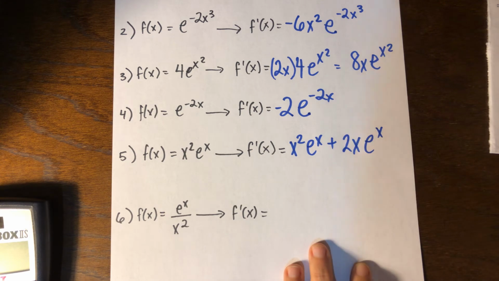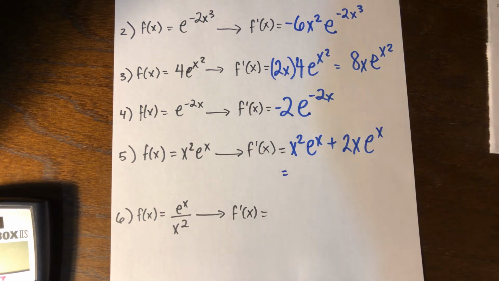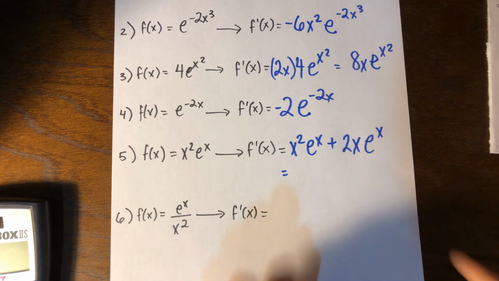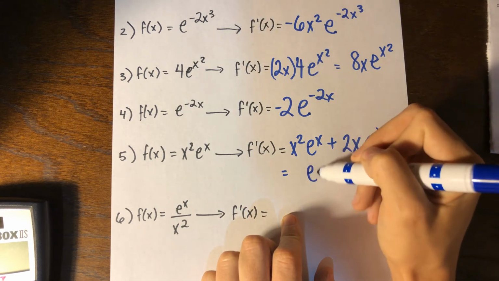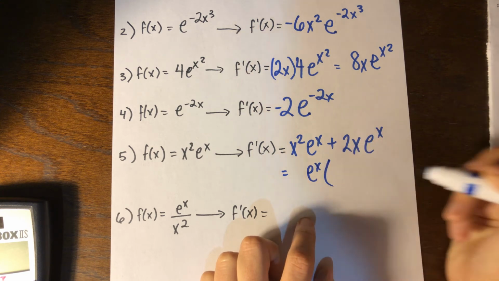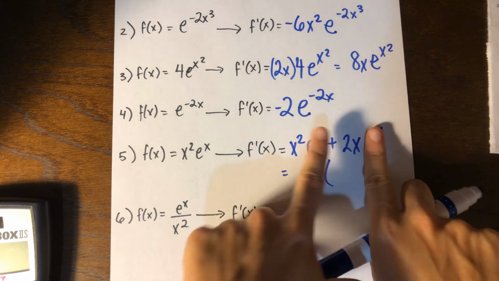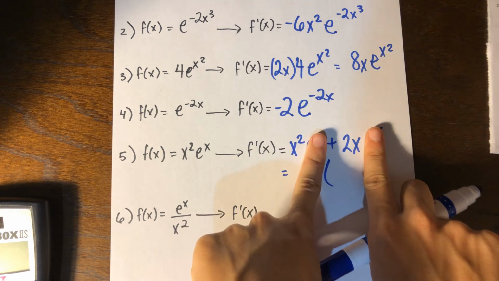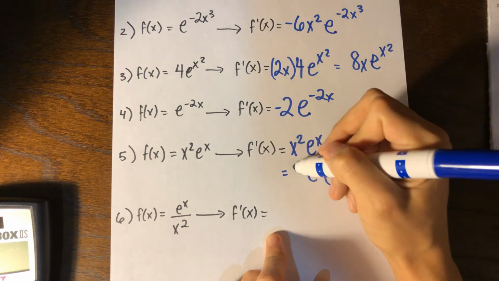Now we're going to look to see if we can simplify. What do these both have in common? What can I take out to have this more simplified? I notice that they both have e to the x, right? So I can pull e to the x out. And then I'm left with this. But do these two terms have anything in common? They have an x in common, so I can also pull an x out.